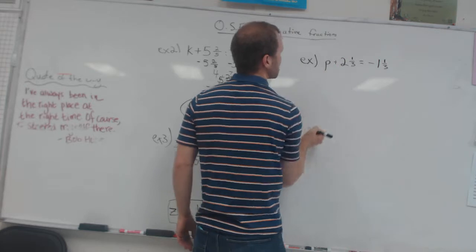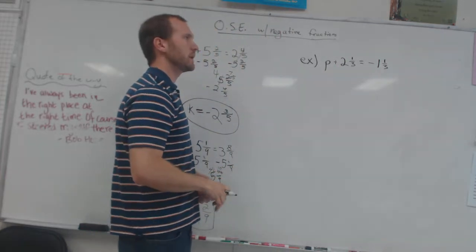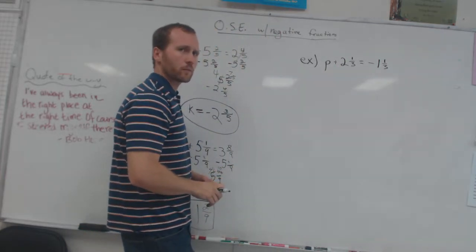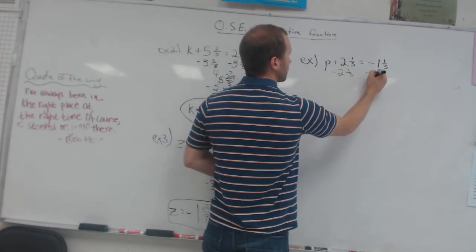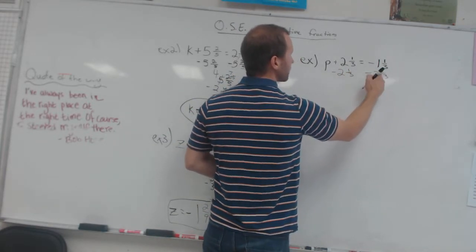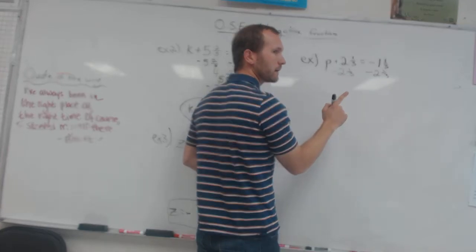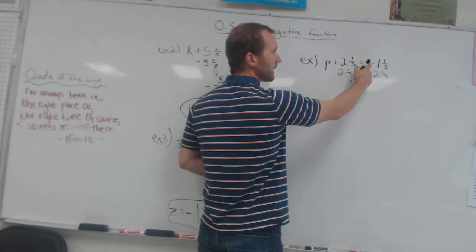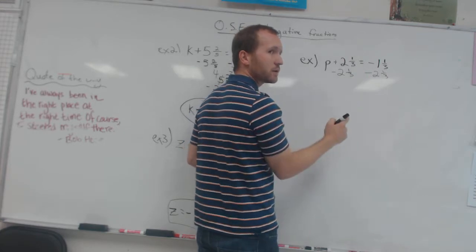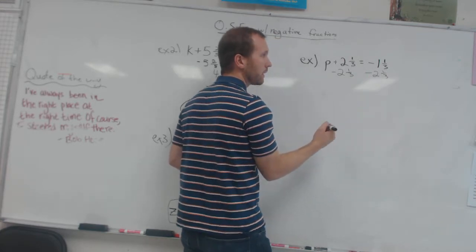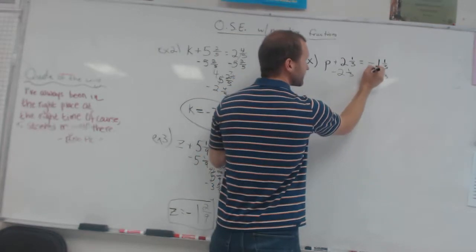Actually, sorry, this should be p plus 2 and 1/3 equals negative 1 and 1/3. I'm going to subtract 2 and 1/3. Okay, this is bigger, but wait a second. This is negative and this is negative. So what am I actually doing here? Basically adding. I'm basically adding these together.